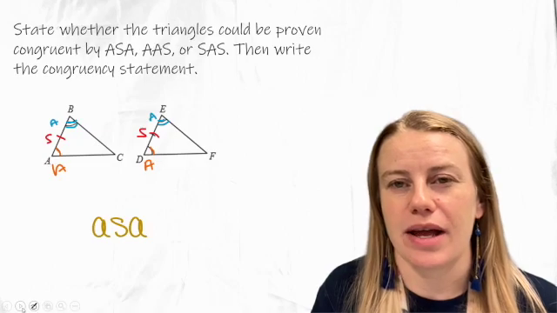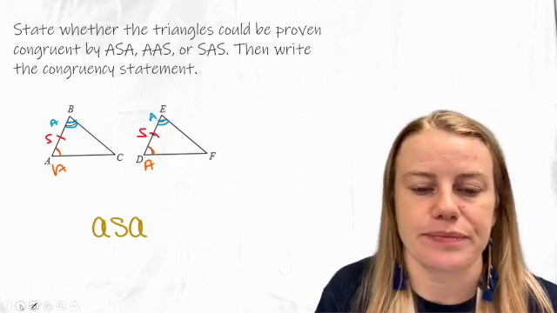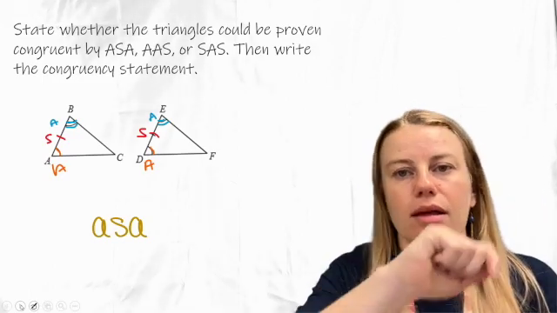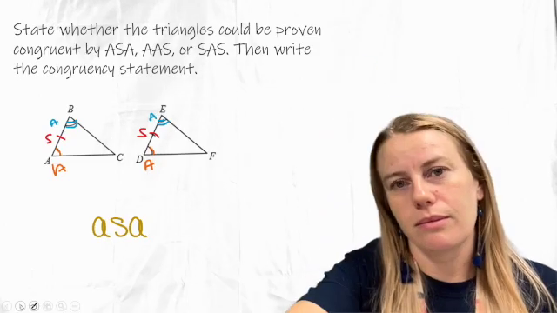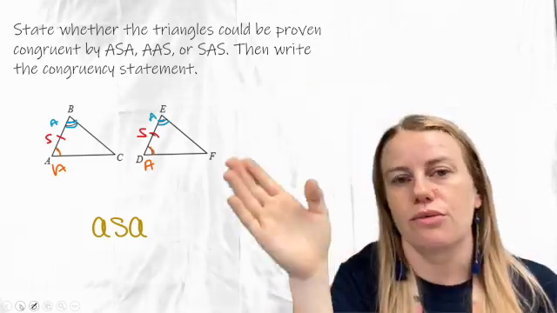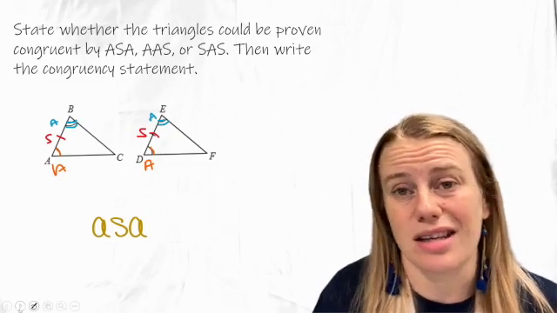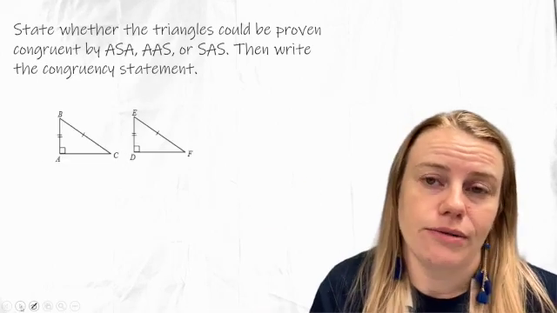Remember, for ASA, that side has to be in between those two angles. When you write out on your paper what we've got, angle, side, angle, the way that you're reading it should be a theorem. And if it's not, then we need to double check our work and maybe it's not congruent.